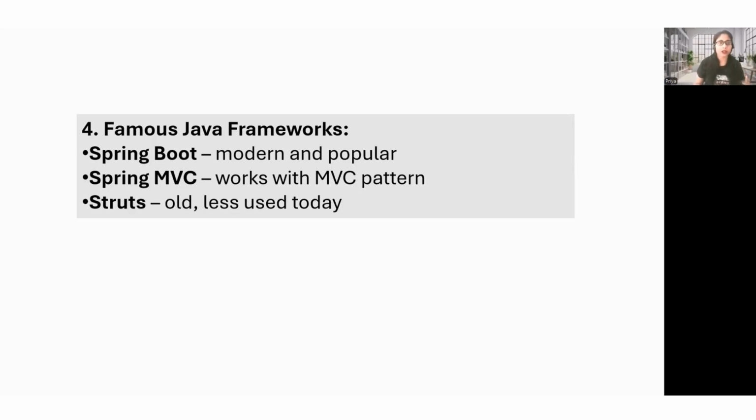Famous Java frameworks include Spring Boot and Spring MVC, which works with the MVC pattern. Struts is old and less used today because some features are not working. In modern development, the famous framework in Java is Spring Boot.